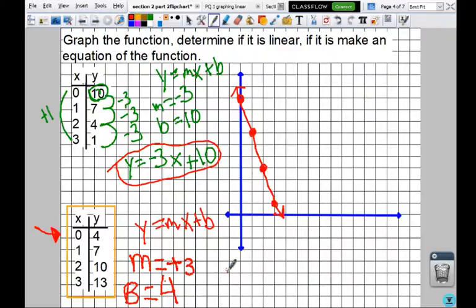So let's go y equals. And what number did you say m was? 3. Okay, so put your 3 in. And then right after that, put x, because that's how our equation goes, 3x. And then we're going to have plus, and then what was our b? So put plus 4. There you go. y equals 3x plus 4.